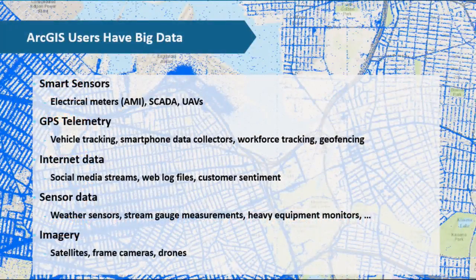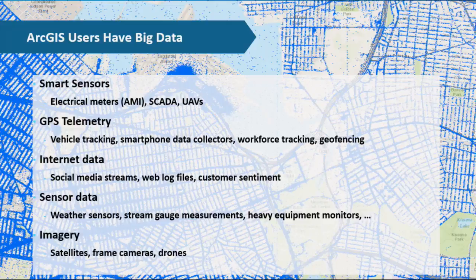Many of you, most of you may already have big data. This can be data that's collected through smart sensors. Say you're an electric utility where you have those smart meters on the side of your house, those AMI devices that are taking a measurement every 15 minutes and then every 6 hours sending that bundle of information up to the electric utility. And that's done for every household that they service.